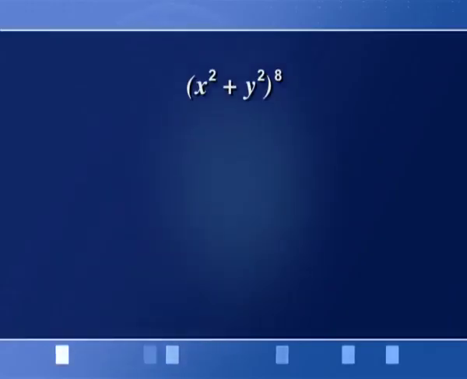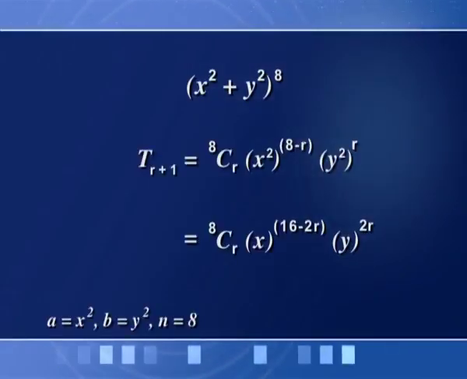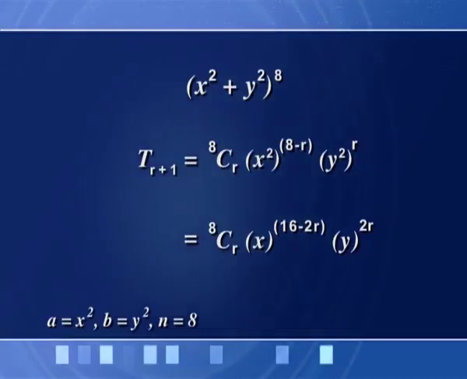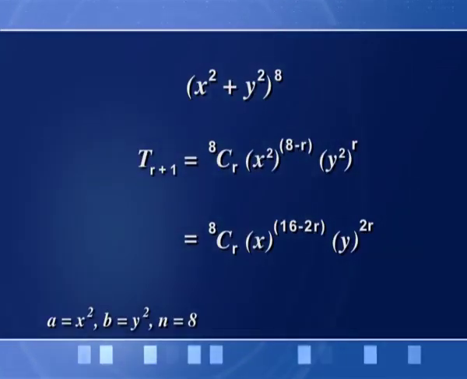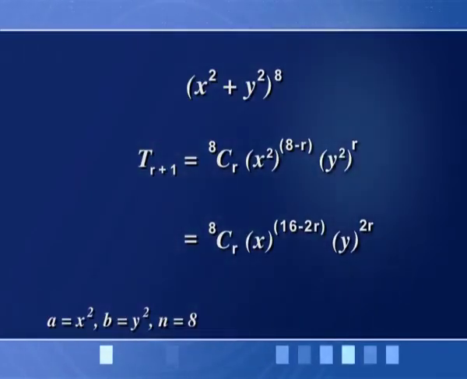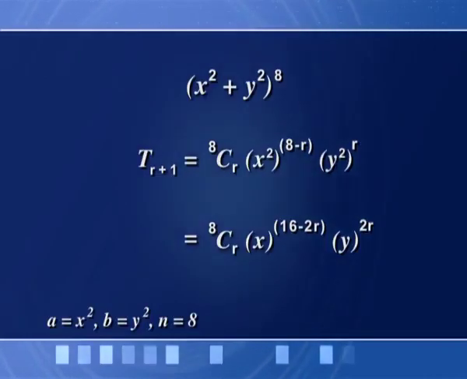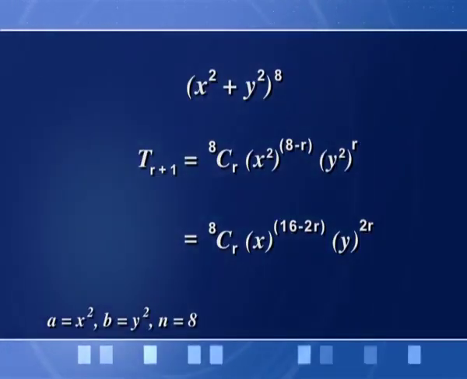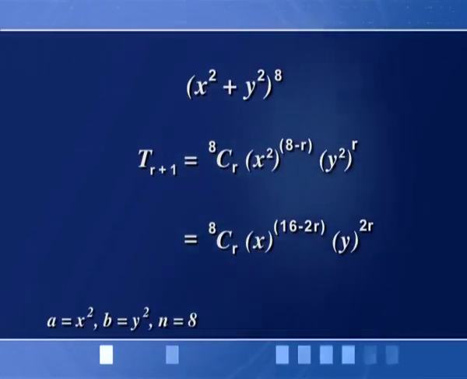Suppose we are given the question (x^2 + y^2)^8. Let's try to find the general term in the expansion of this. 8Cr, x^2, which is in the place of a, will have the power 8 minus r, and in the multiplication we will have y^2, which is in place of b, with the power r.